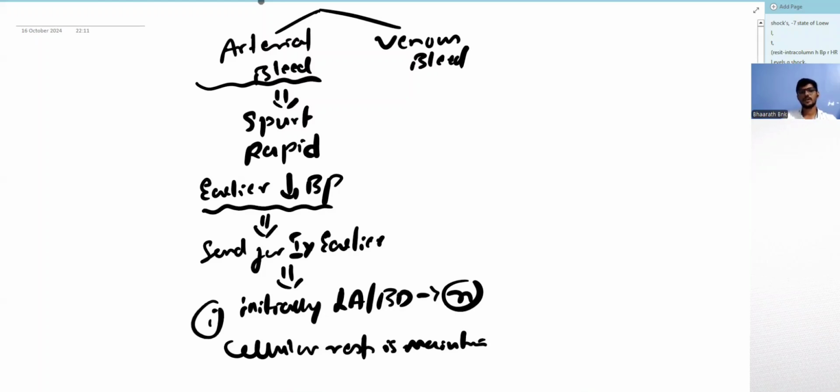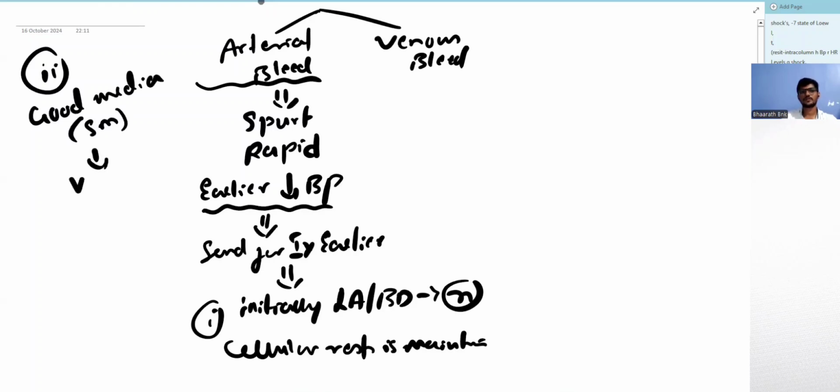This is first. Second is, whenever there is an arterial bleed, the artery has been blessed with a good media. So there is a good amount of smooth muscle in the tunica media. This will cause vasospasm and result in halting of the bleed.